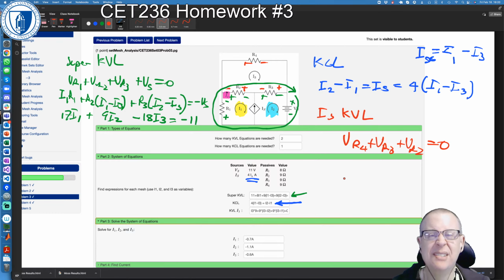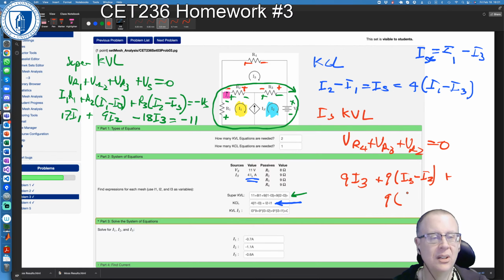And VR4 is just R4, which is 9 times I3. VR3 is 9 times I3 minus I2. Right? And VR2 is 9 times I3 minus I1. And that equals 0. And that looks pretty much like what I got before.